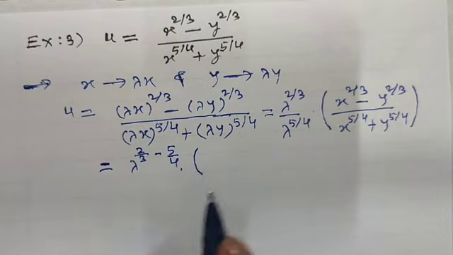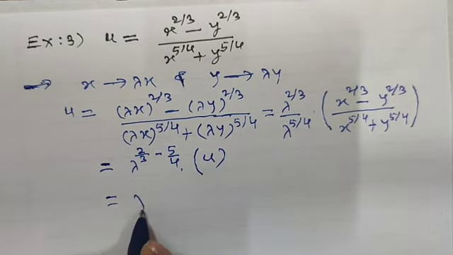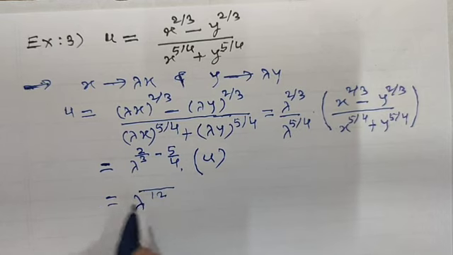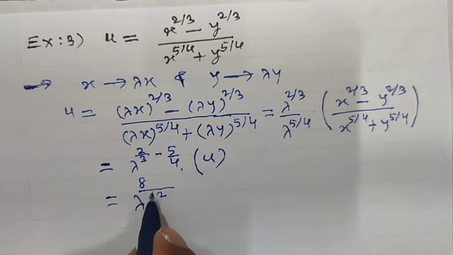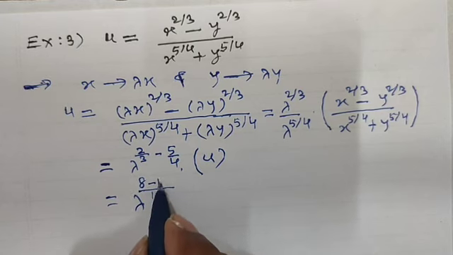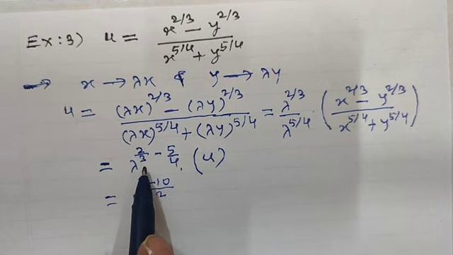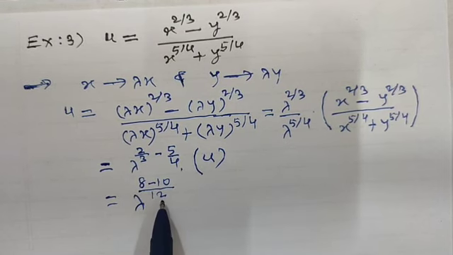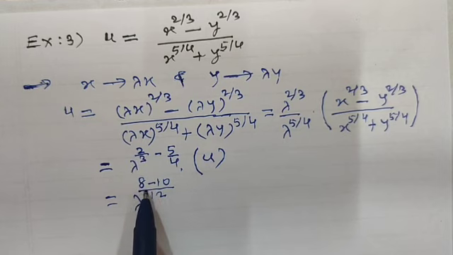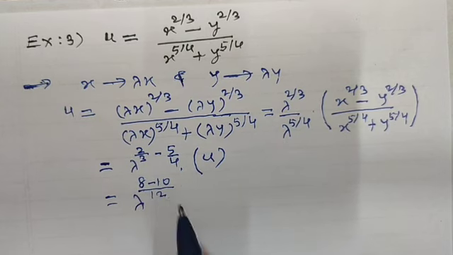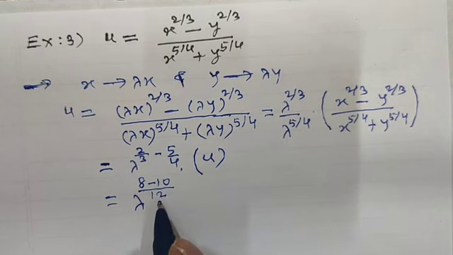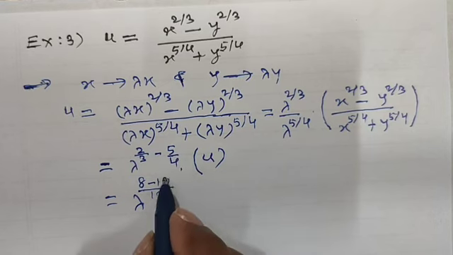Here, this function U is equal to lambda to the power, LCM will be 12, 8 minus 10. Is this right? LCM is 12. 3 4s are 12, 4 into 2 is 8, minus 4 3s are 12, 3 into 5 is 15, not 10, 15.